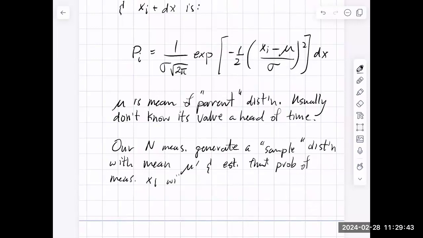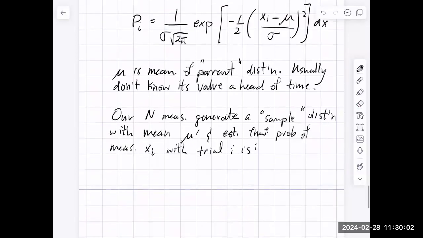And we estimate the probability of measuring xi, the probability of getting xi in trial i, is the following. We're just going to write down this thing exactly.